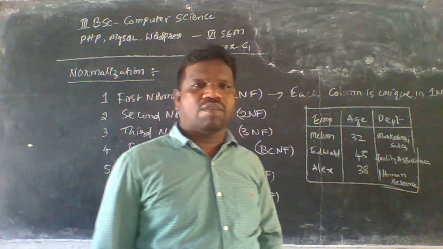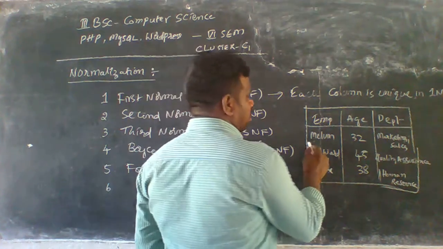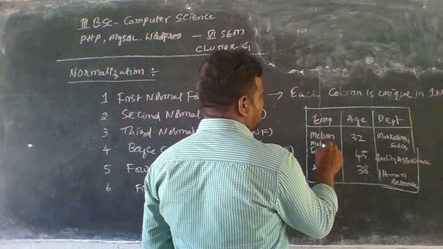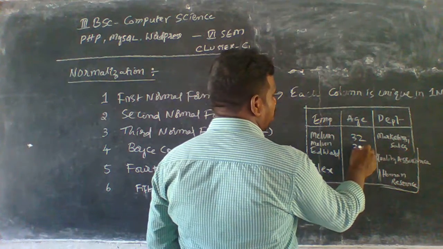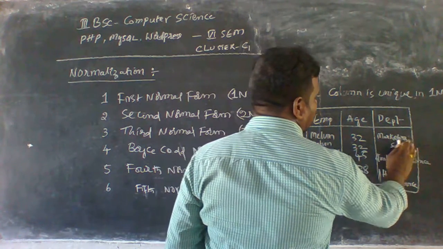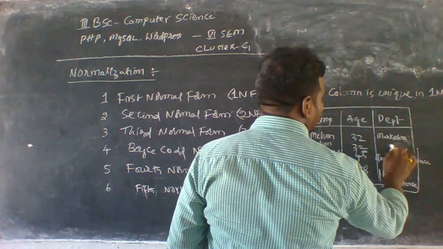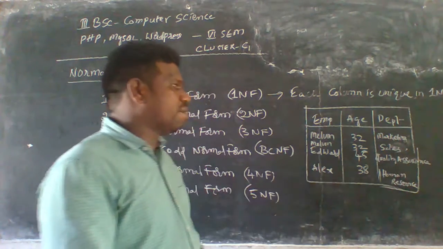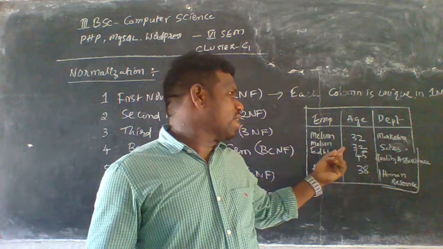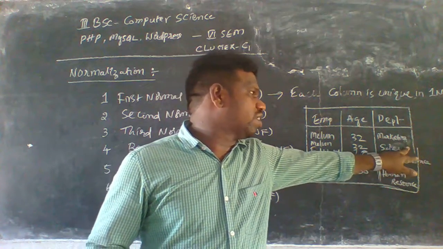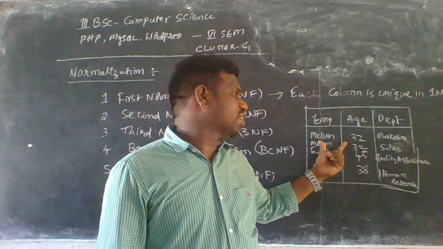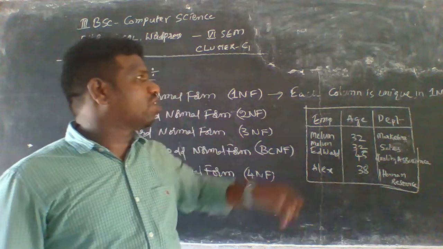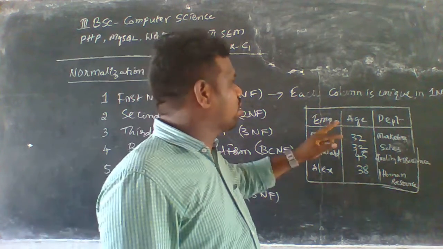Each row has only one job, one person, one sales entry. This is what we call each column being unique in first normal form.